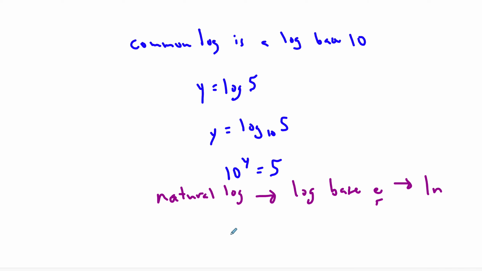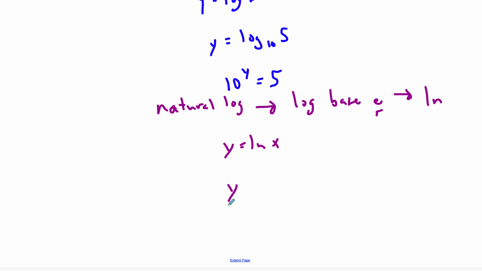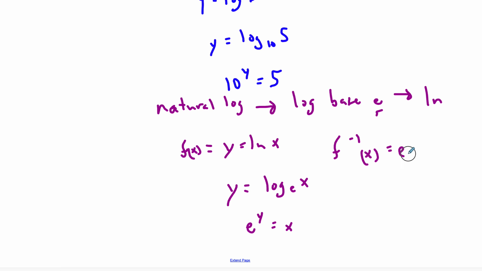So if I say y equals ln x, I'm saying that y is equal to the log base e of x, which means the corresponding inverse function, if this is f of x, would be e to the y equals x. So the inverse function would be e to the x. Okay.